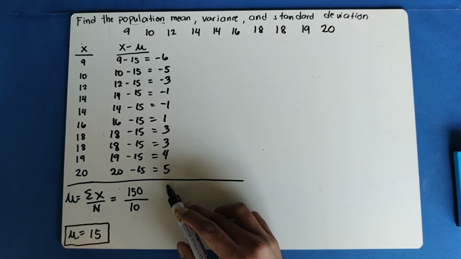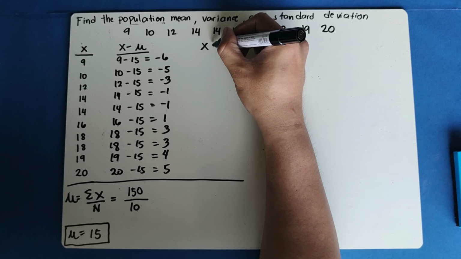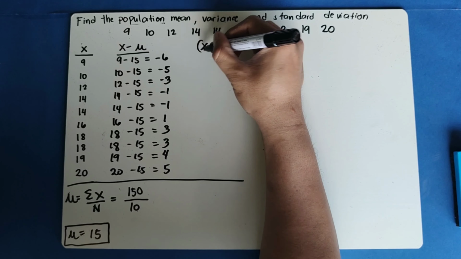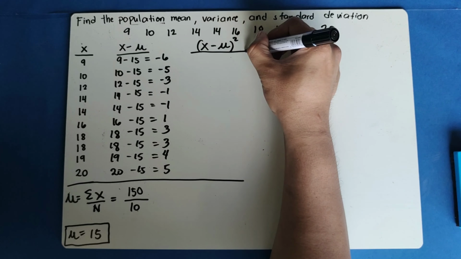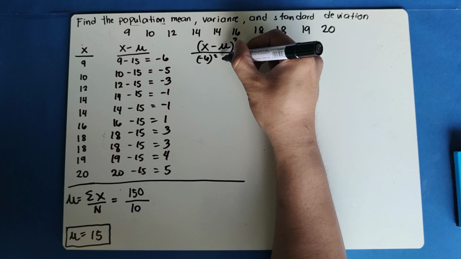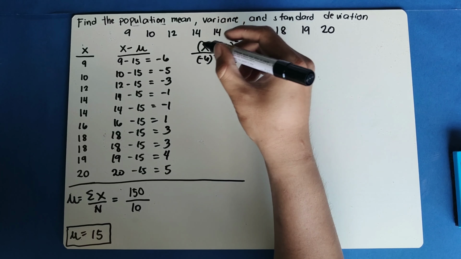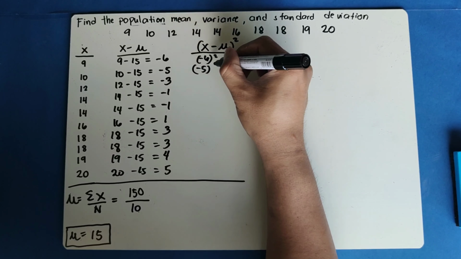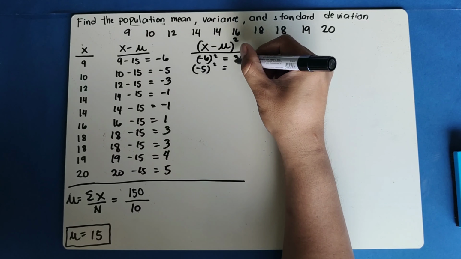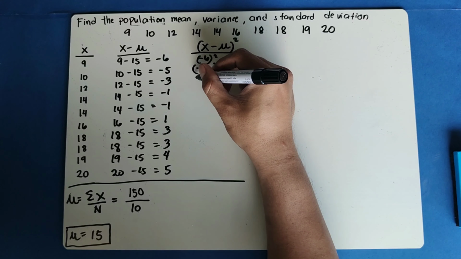Okay? So next, we are going to square the result of x minus the population mean. Negative 6 squared is negative 6 times negative 6, the result is positive 36. Negative 5 squared is negative 5 times negative 5, positive 25.